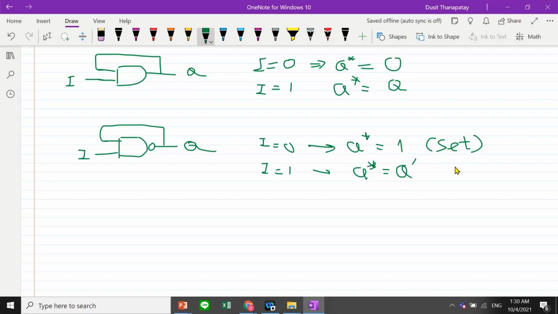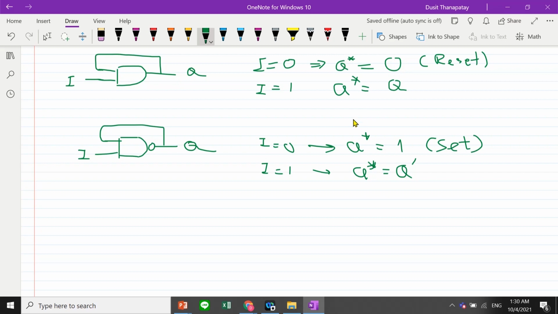And oppositely, if you apply some input into the circuit and force the output to be 0, it's called reset. In this circuit, where you apply 0, it's reset, making the output Q be 0.